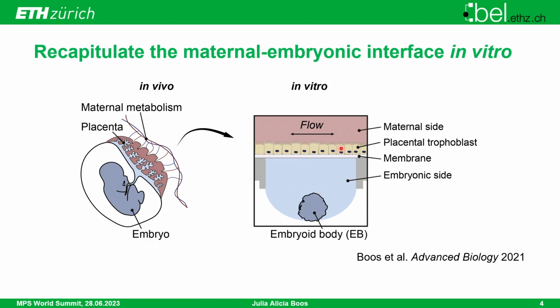Therefore, we cultured placental trophoblast cells on top of a semi-permeable membrane, which separates a maternal from an embryonic compartment. And in the embryonic compartment, we are culturing the EB as model for early embryonic development.